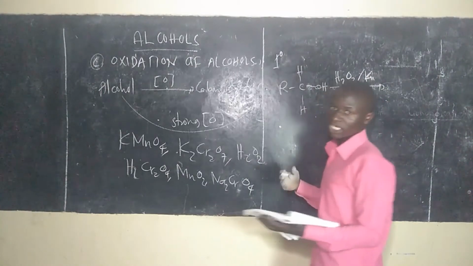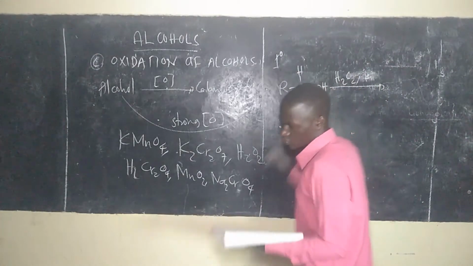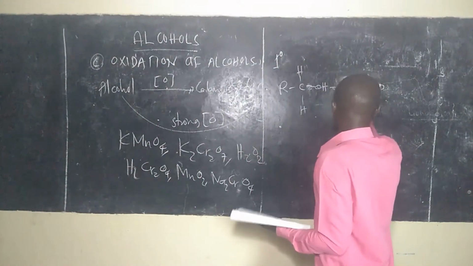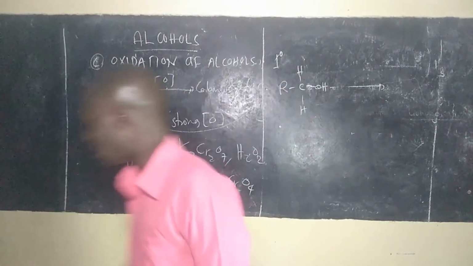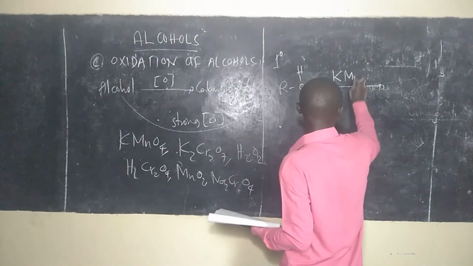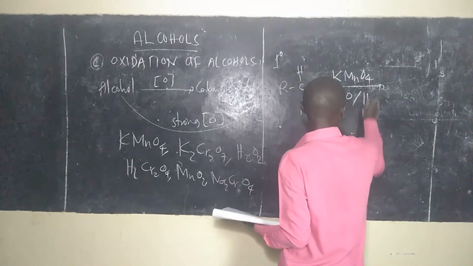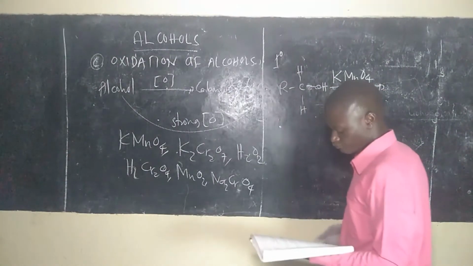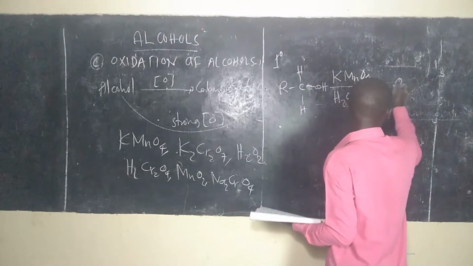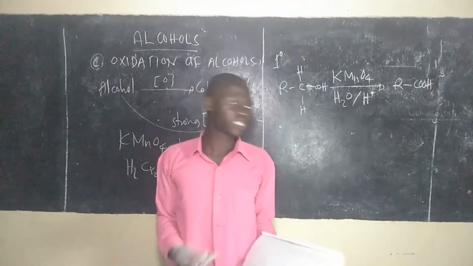Yani ni mifano, ila oxidizing agent mmoja tu anatosha. Mimi namuandika tu mmoja, potassium permanganate, then in the presence of water, so an acidic medium. Huyu hapa tutakuja kupata RC, tutakuja kupata carboxylic acid.